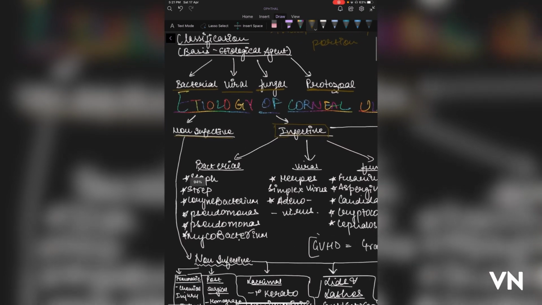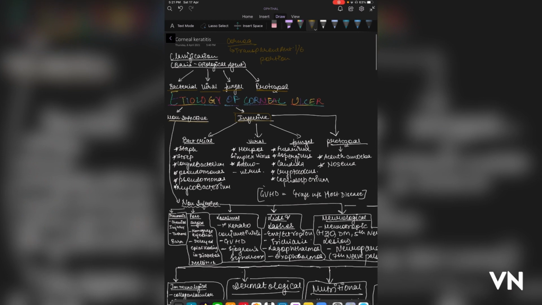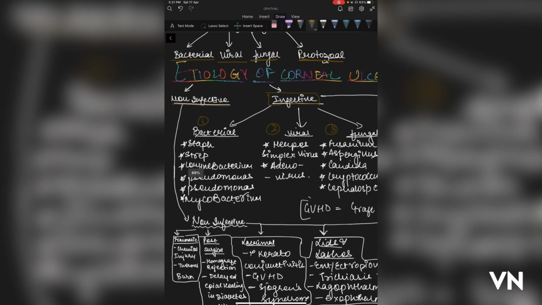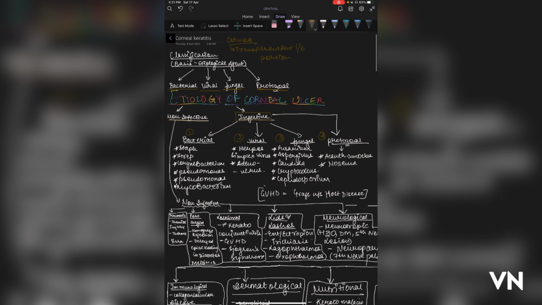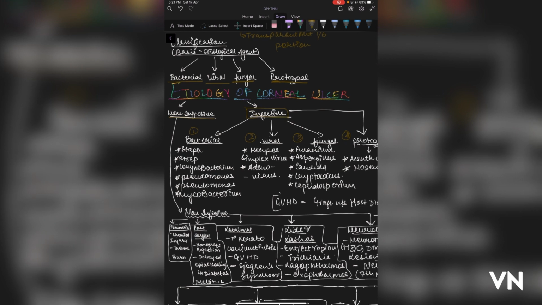So infective will have four causes: first is bacterial, second is viral, third is fungal, fourth is protozoal. Today we would be discussing viral, fungal, and protozoal corneal ulcers, and bacterial corneal ulcers later on. But etiology I will be completing today itself.